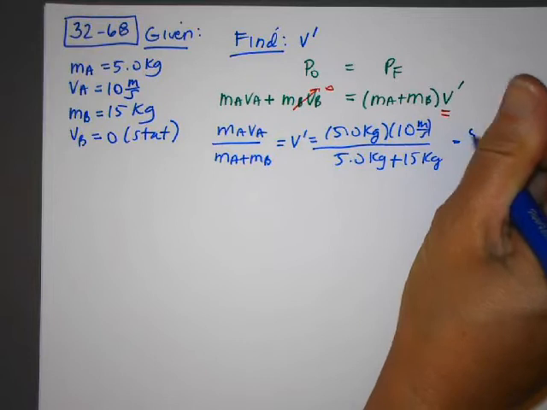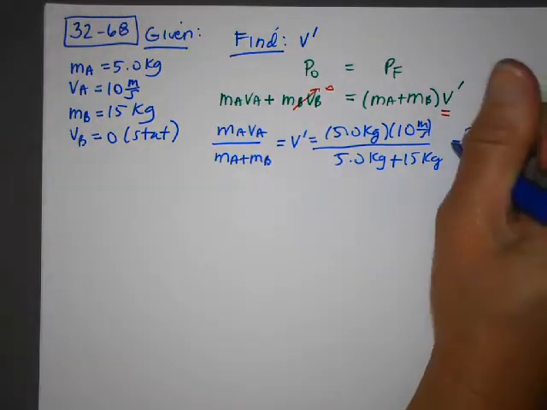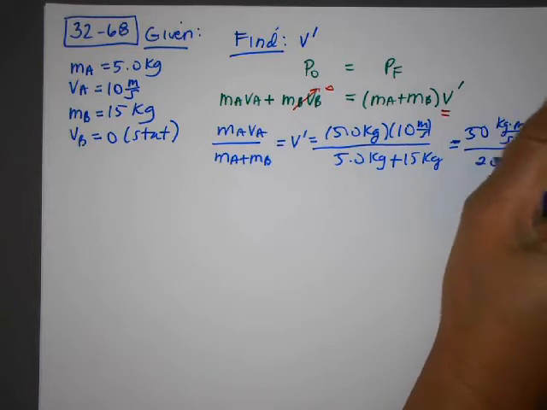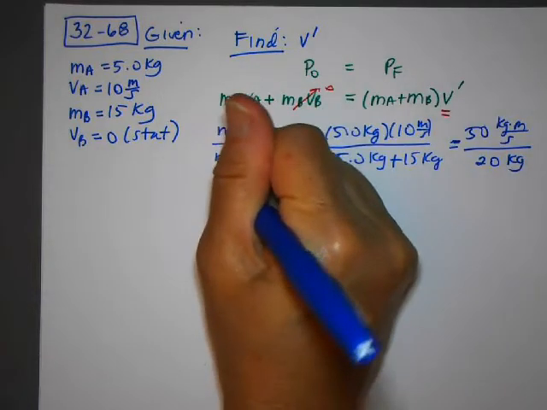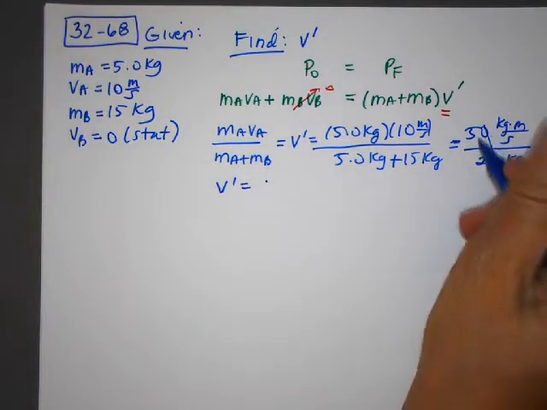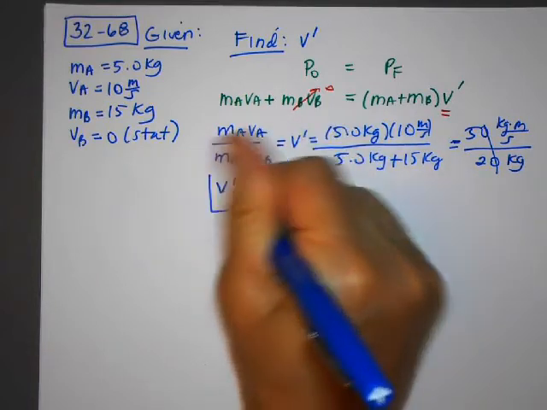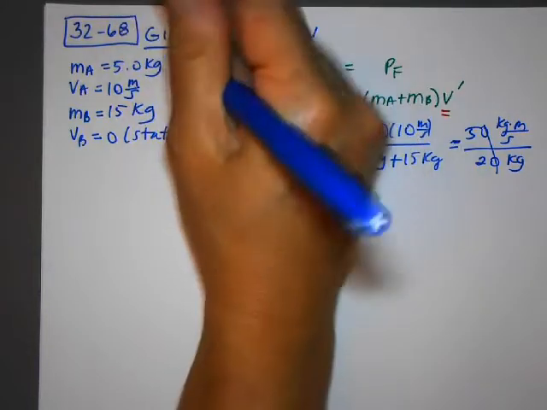So that's going to be 50 kilogram meters per second divided by 20 kilograms. So V prime comes out to be, we can just go like this with the zeros, 5 divided by 2, 2.5 meters per second. So that was part A.